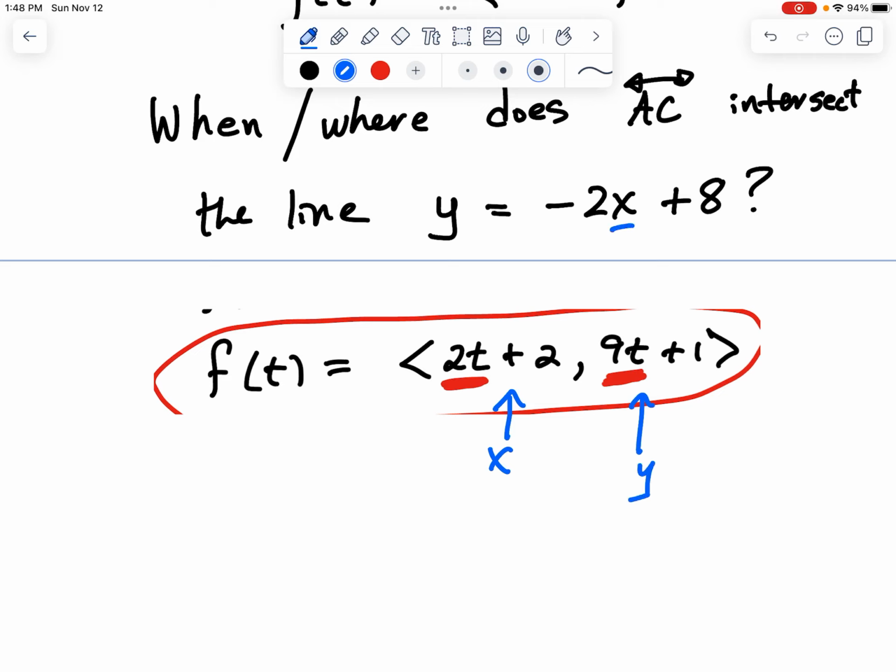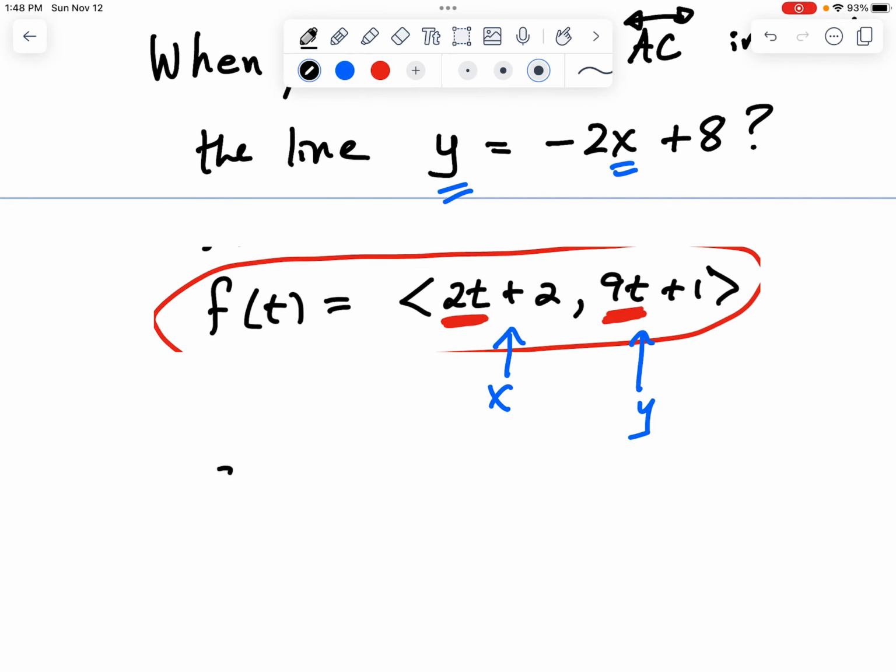So we just need to plug in the 2t plus 2 for the x and the 9t plus 1 for the y. So for the y, use a 9t plus 1. For the x, use a 2t plus 2. And then it also had a plus 8 at the end.